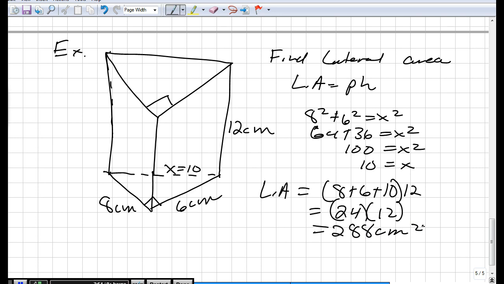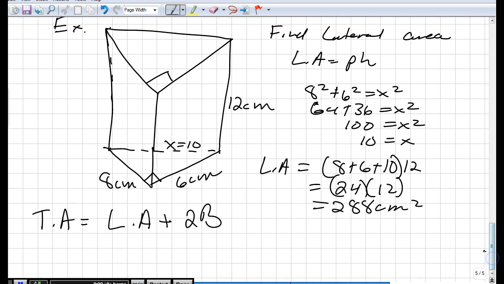Okay, now let's find the total area. Well, total area is lateral area plus 2 times the base area. So we already have the lateral area, so we have to find the base area. But since those are right triangles, the legs are the base and the height.